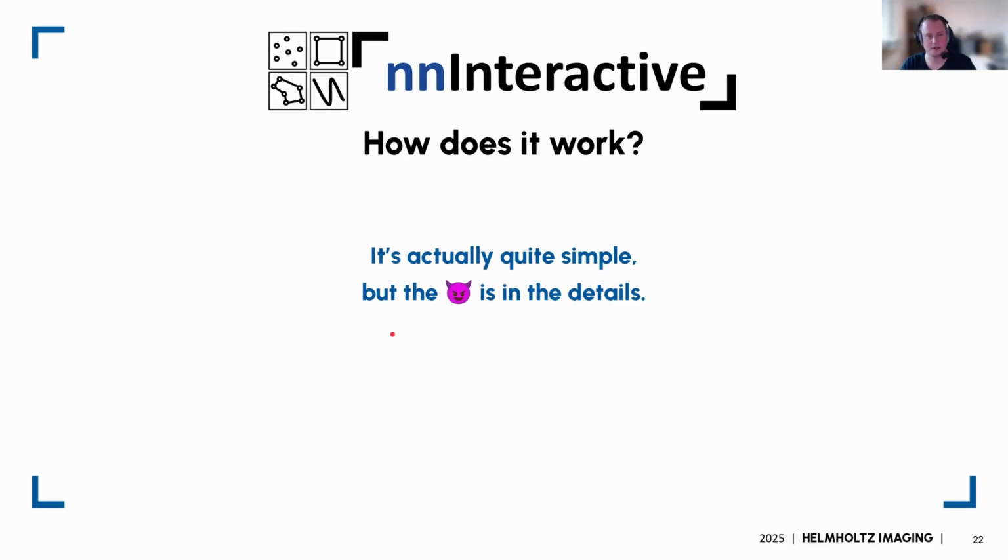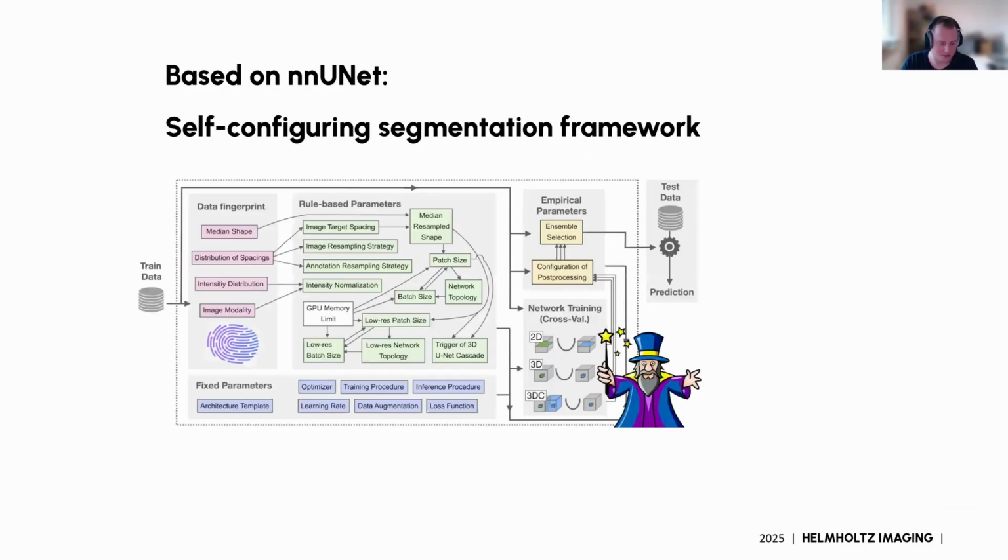Yeah, so how does nnInteractive work? Conceptually, it's very simple, but as is often the case, the devil lies in the details. In terms of how we are approaching the segmentation, one thing we noticed with all the existing methods is that they relied on a bunch of different segmentation architectures, but none of them really considered what's actually considered state-of-the-art in the medical domain.